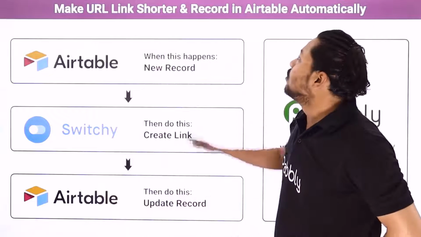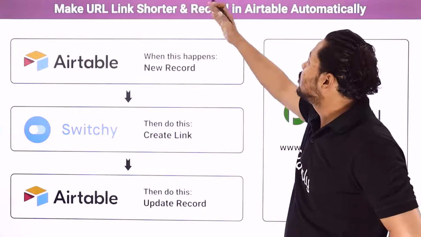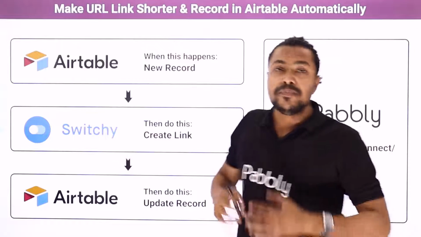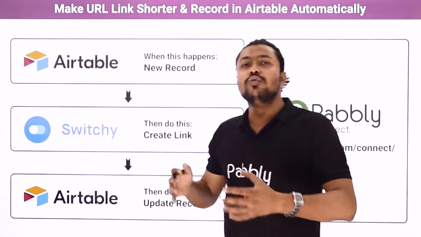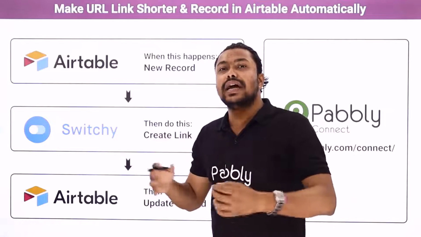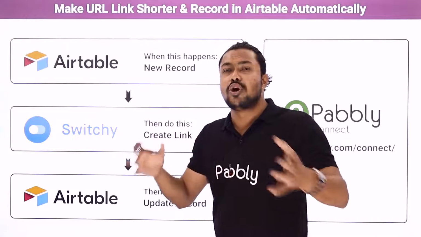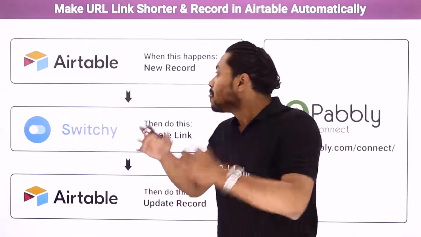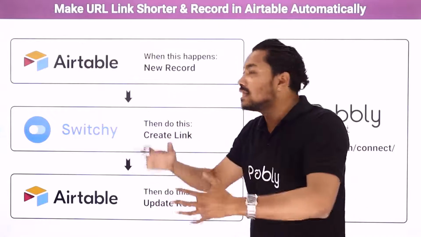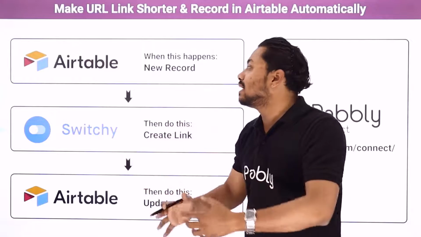Today I am going to tell you how you can make a URL link shorter and record it in your Airtable database automatically. Suppose you want to post your links somewhere, but they are pretty long and you do not want to post long links. So what we are going to do is put the data in our Airtable database.